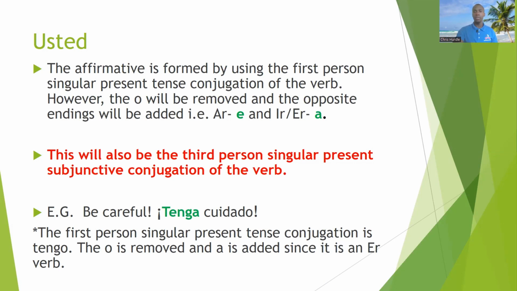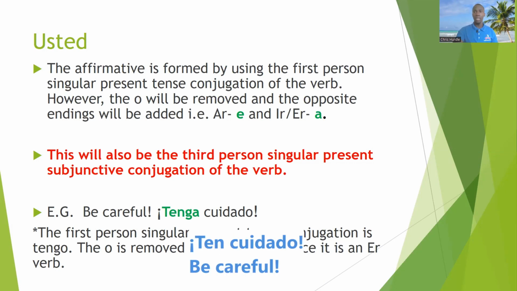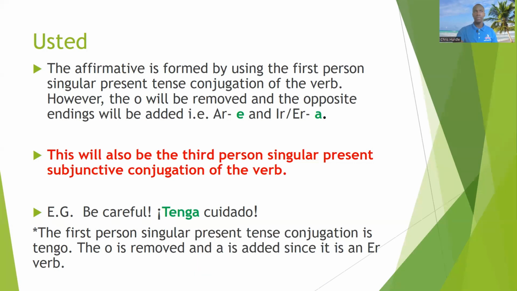Be careful. All right. If we wanted to conjugate this according to the tú form, we would say ten cuidado. Right? So this is how you would conjugate the verb according to the usted.